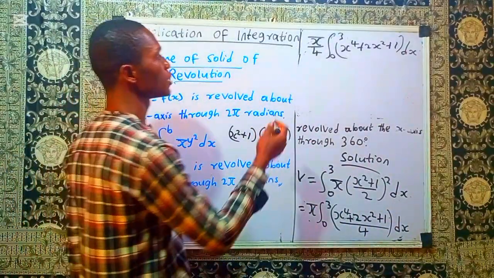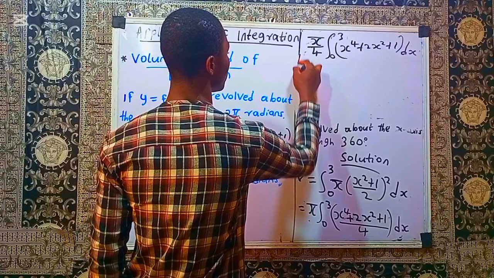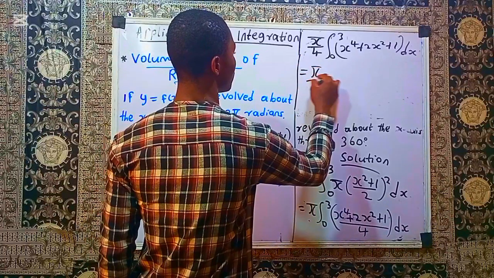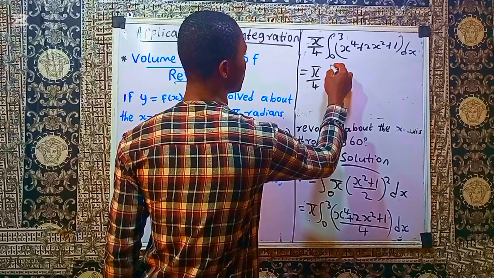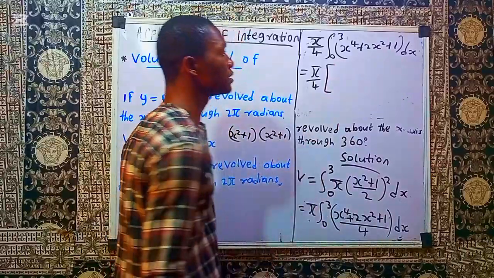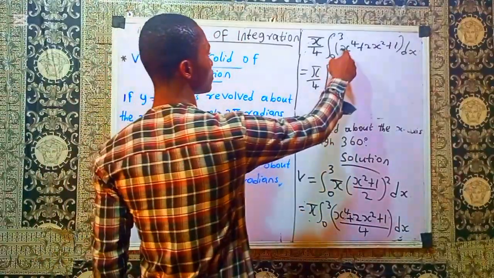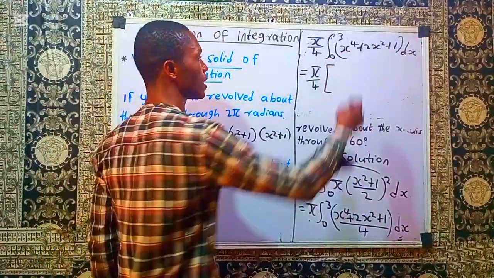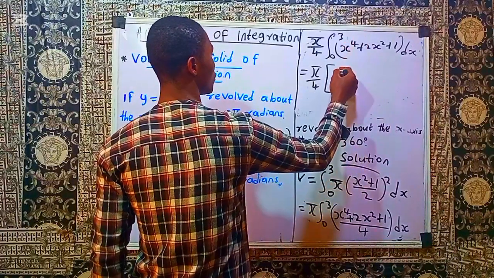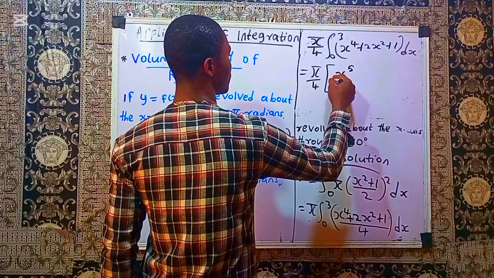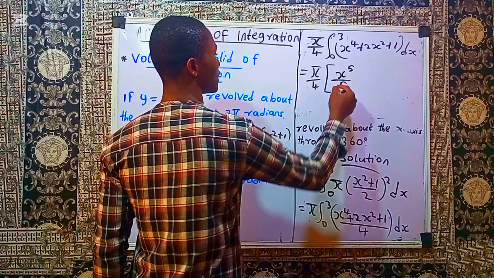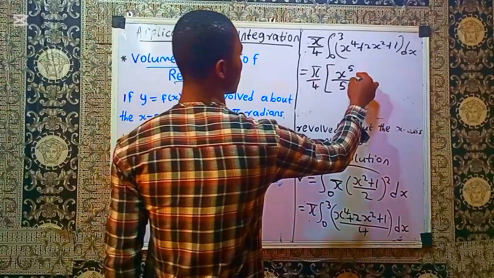Right? So what we have to do here, we have pi over 4, then multiplying, we are going to perform the integration. Integrate x to the power 4. You add 1 to the index, add 1 to 4 to be x to the power 5, then divide by 5. Come to the second one.